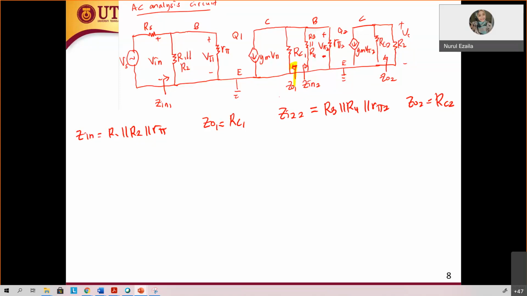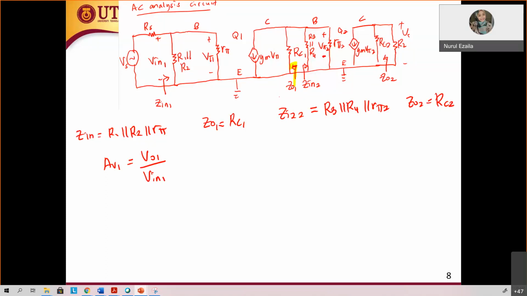Now let's find AV. Let's find AV1, which is equal to V out 1 over V in 1. So this is V in 1.